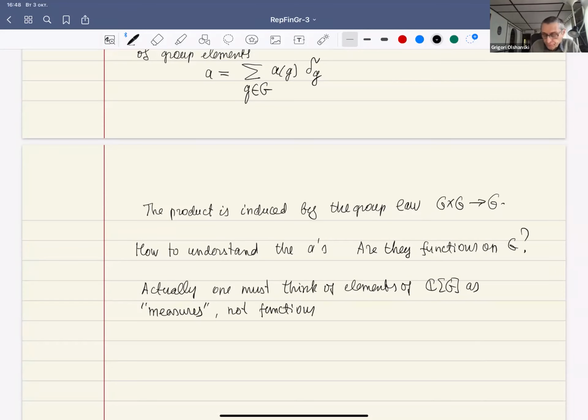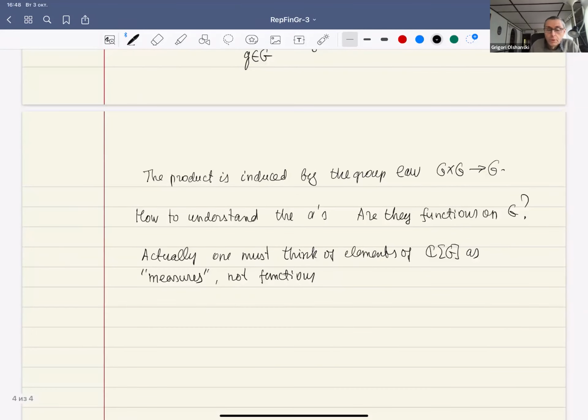Why? The reason is as follows. By functoriality, these are different objects. By measures here, I mean not necessarily positive measures, but signed measures and even complex valued.